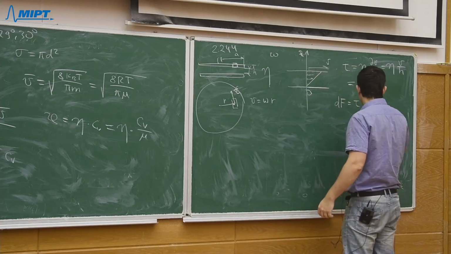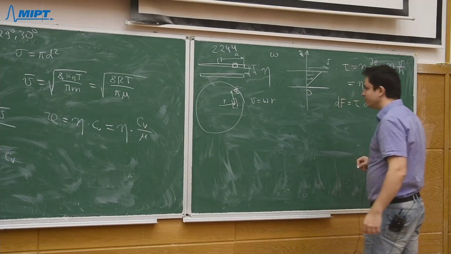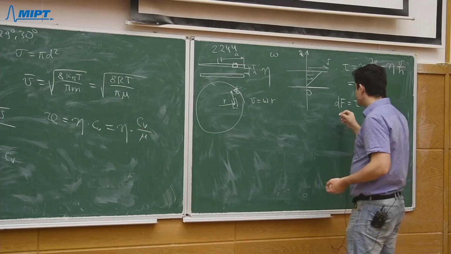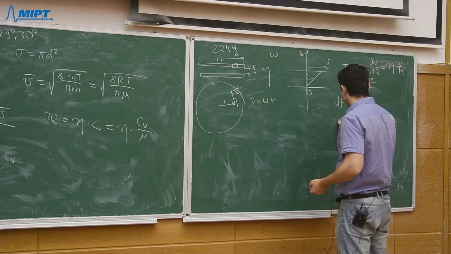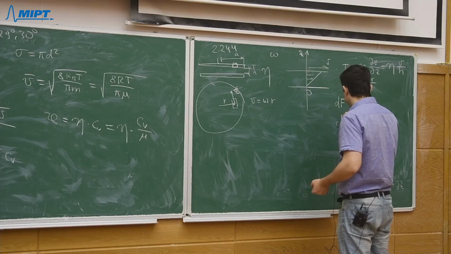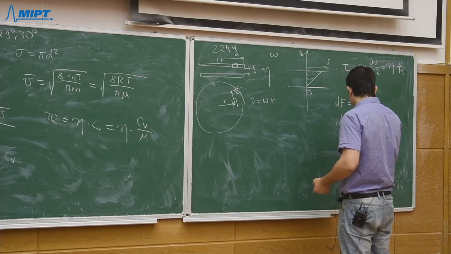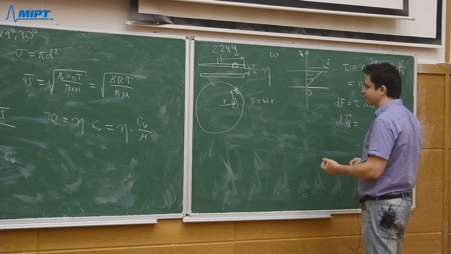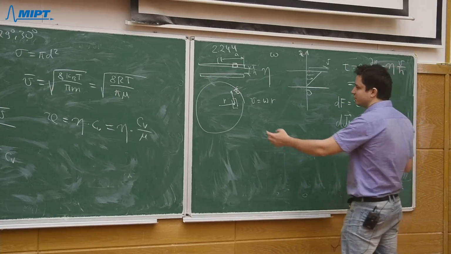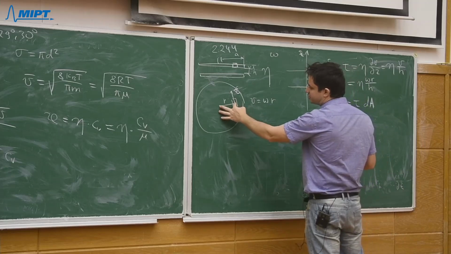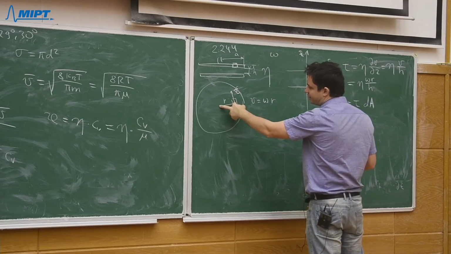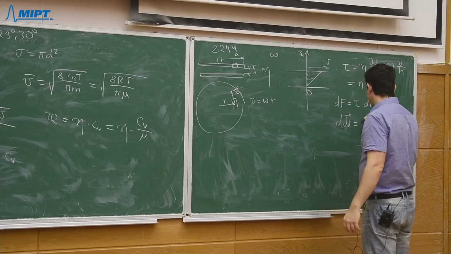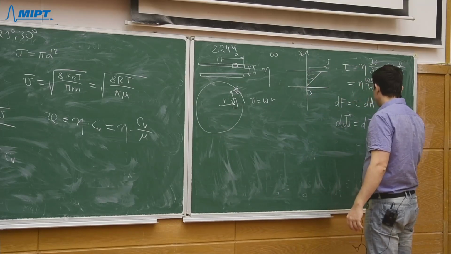And that force again produces the moment of force, and the moment of force is the product of force by the distance from the axis about which we calculate the moment of force. So in here I have dF multiplied by r.